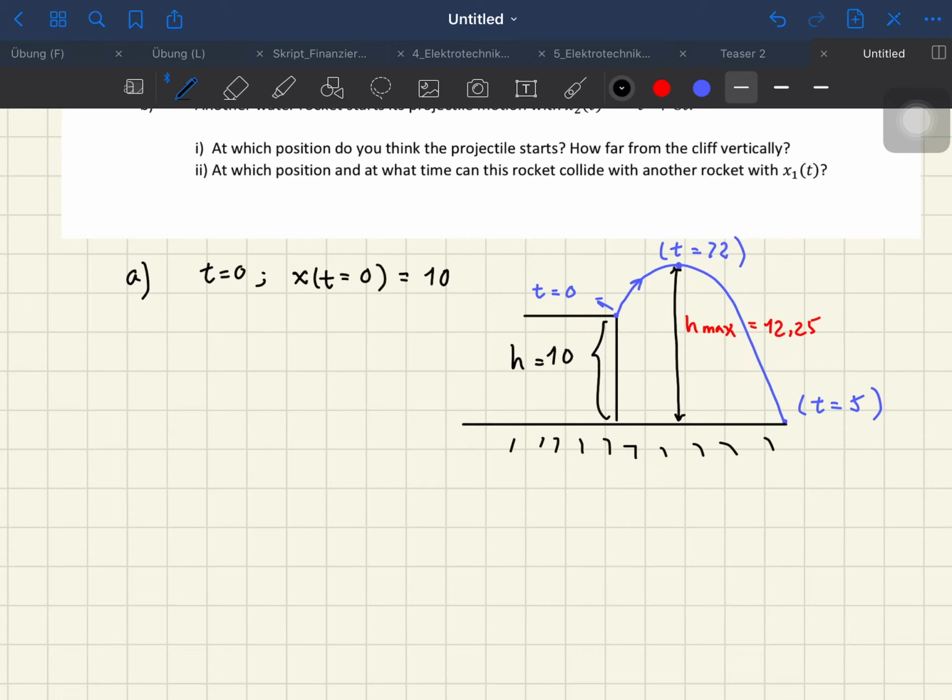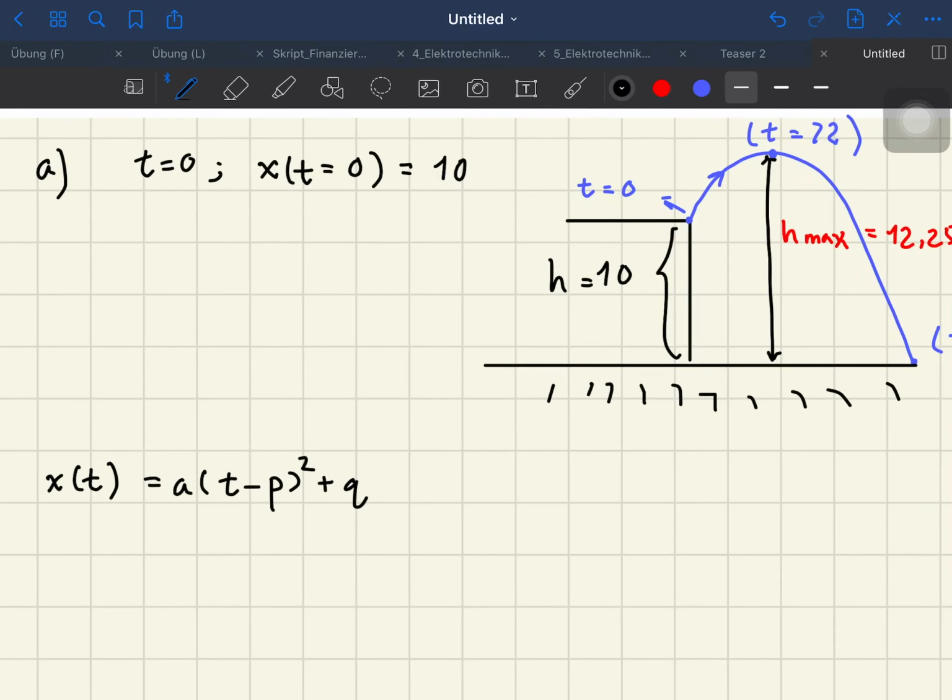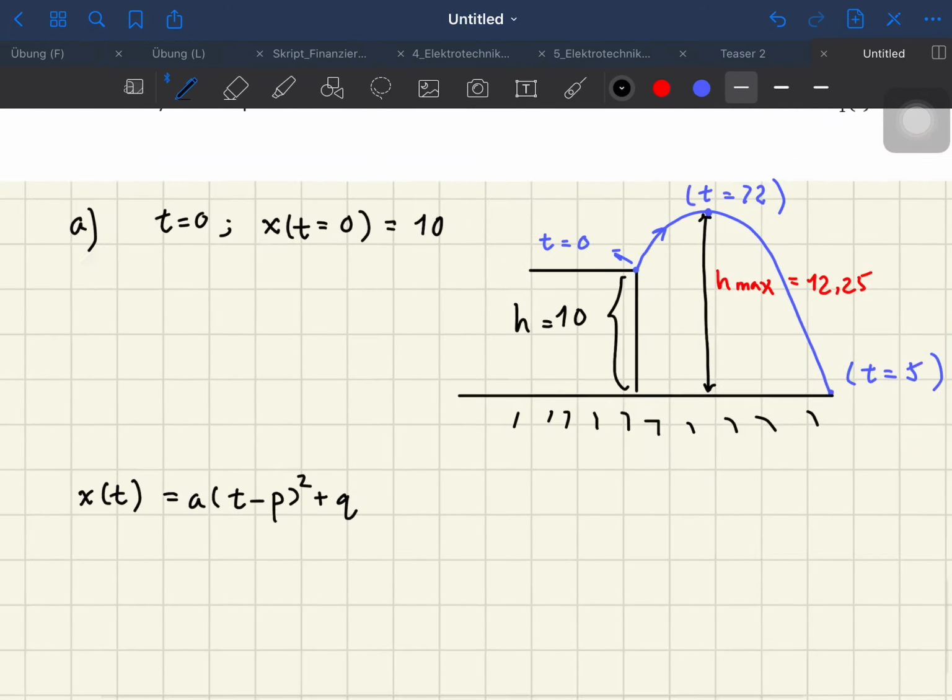Now, how are you going to construct the projectile equation first? We use a general function like this: x(t) equals, generally, a times (t minus p) squared plus q. This is a general parabolic function in vertex form.